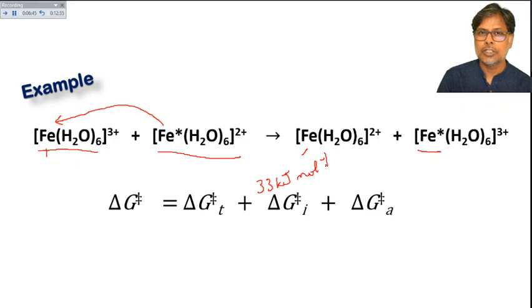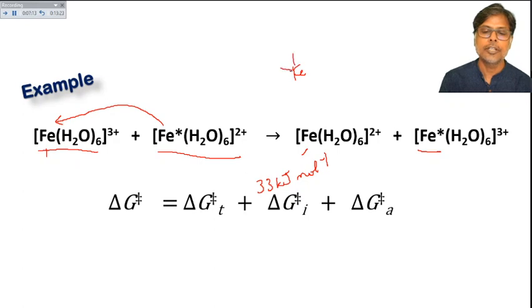What is delta G double dagger A? This is related to the reorganization of the solvent molecules around both the oxidant and the reductant. What do you mean by the reorganization of solvent molecules? See, for example, you have the iron 2 complex.